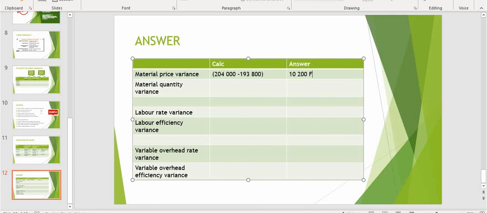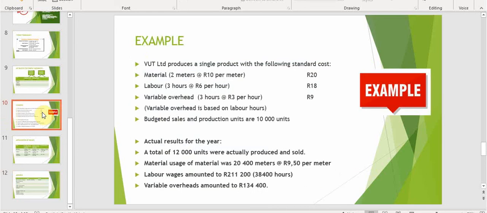And because the answer is positive, it is favorable. And if we look at it, it makes sense. We are looking at a price difference. We planned to pay 10 Rand. We paid 9 Rand 50. So that is favorable. We've made a saving.